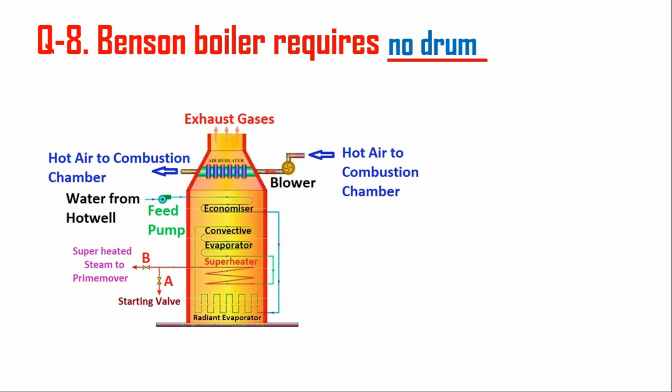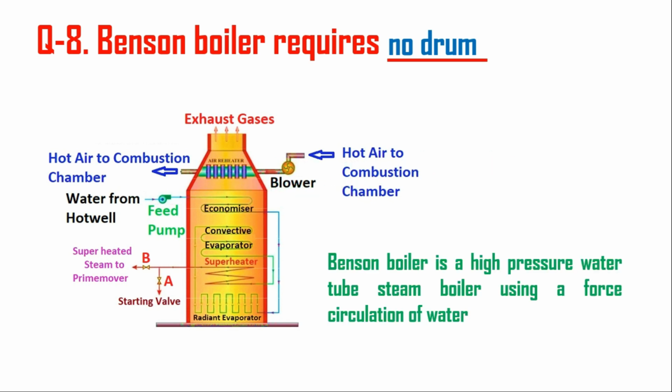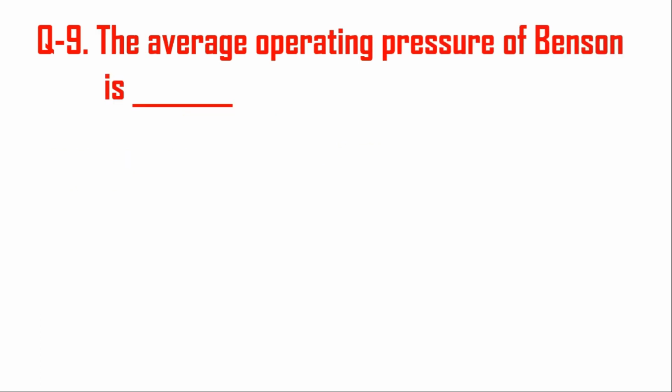So Benson boiler is advantageous as compared to Lamont boiler. When we are using a drum, its handling cost, material cost as well as maintenance cost will increase, while in Benson boiler we are not using a drum, so it is more advantageous as compared to Lamont boiler. As well as Benson boiler is a high pressure water tube steam boiler using a forced circulation of water.